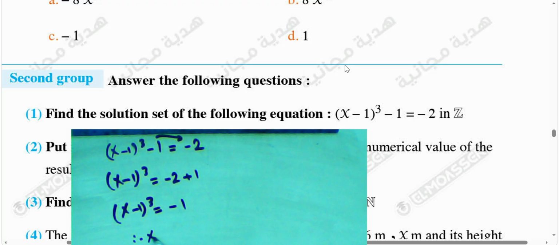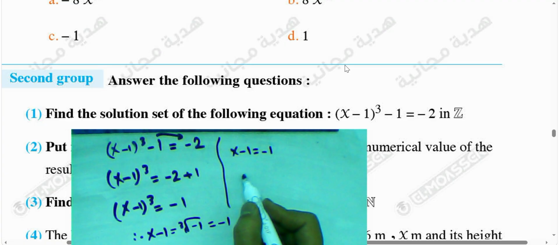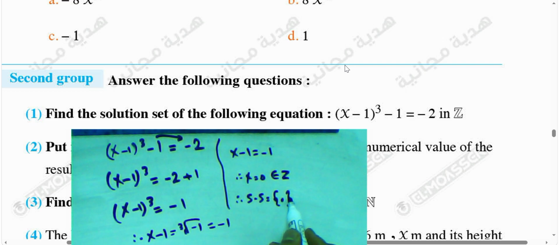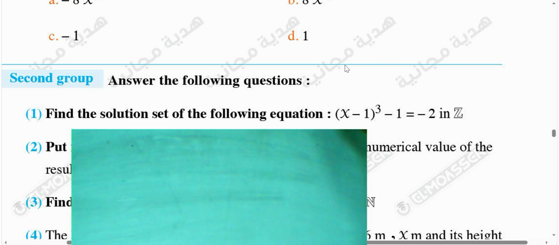So x minus 1 equals the cubic root of negative 1, which is negative 1. Then x equals 0, because 0 minus 1 equals negative 1. It belongs to the integers. The solution set will be 0. Okay? Understood? Next question.